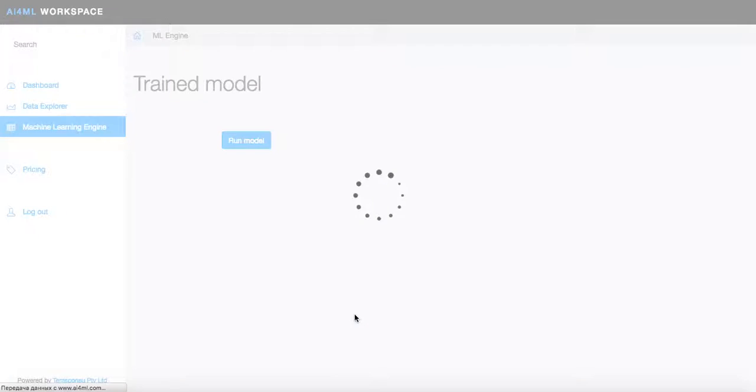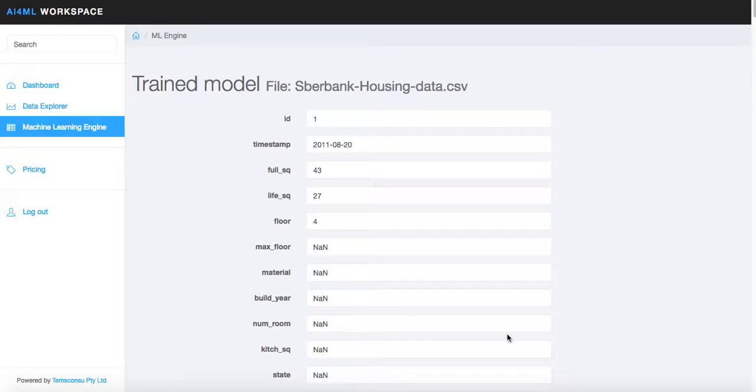Okay, now let's try to run our model on some of the data which we'll have in future.